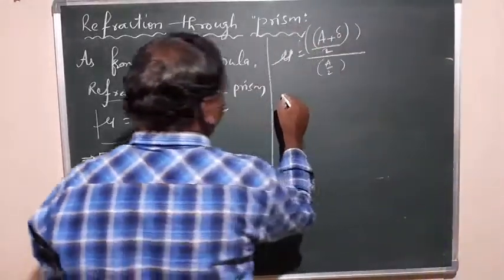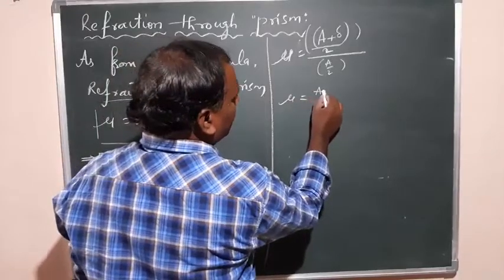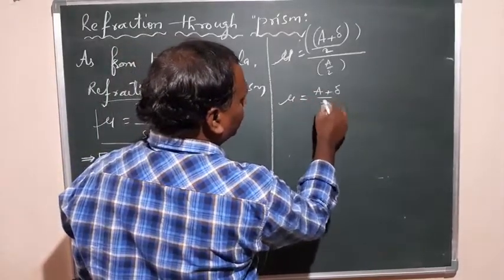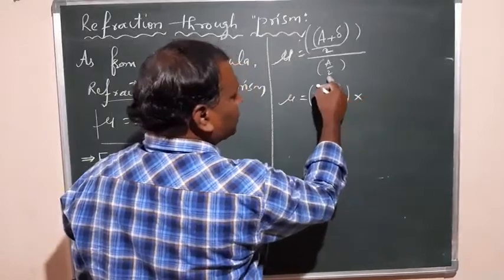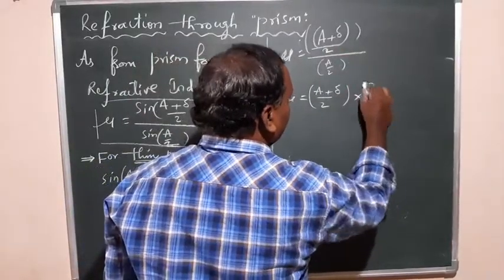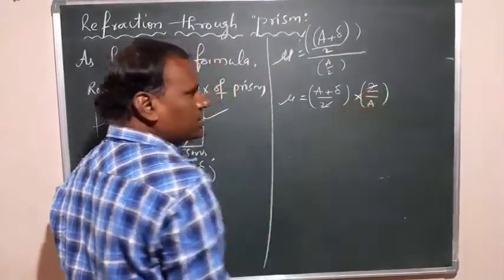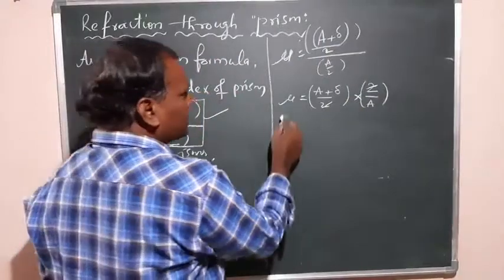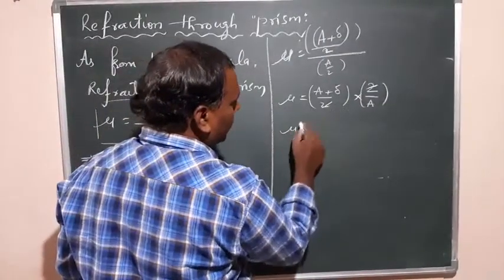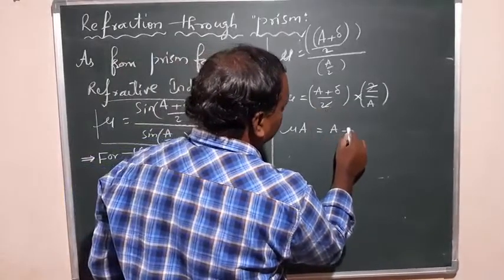So I can write further that mu is equal to (A plus delta)/2 into the reciprocal of A/2, that is 2 by A. So these two are cancelled. Now I can write mu A is equal to A plus delta.